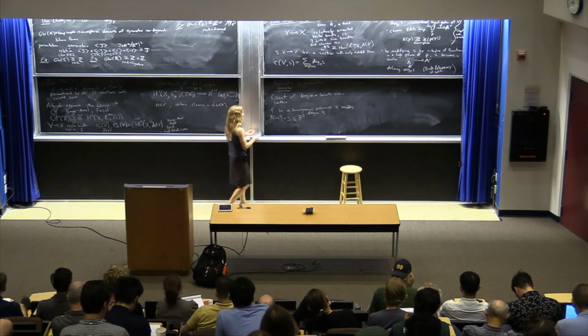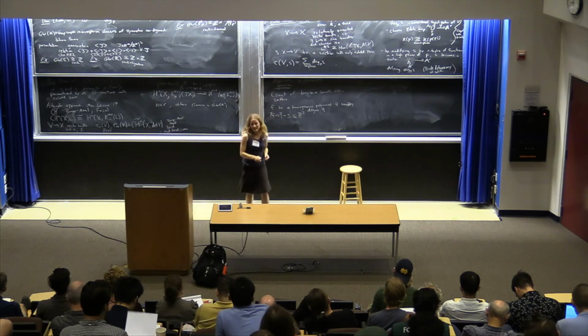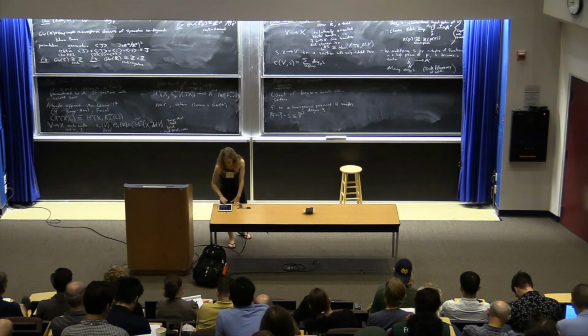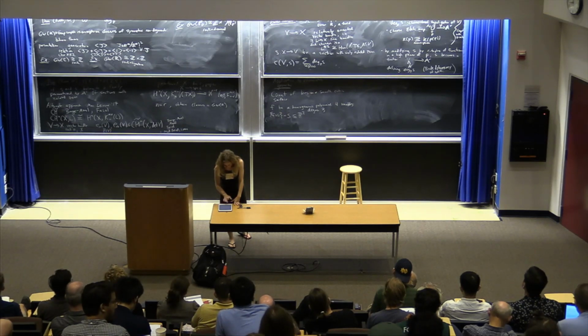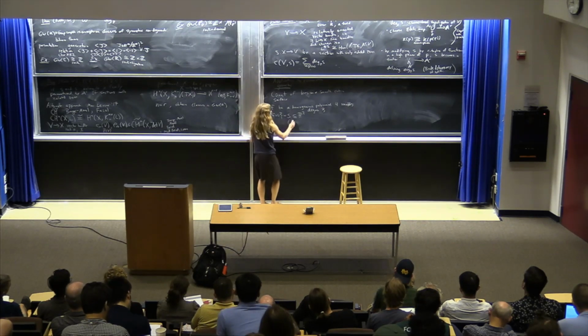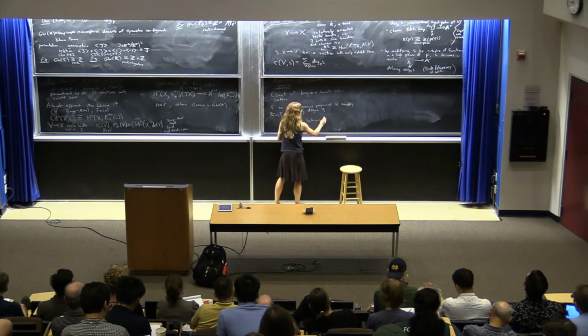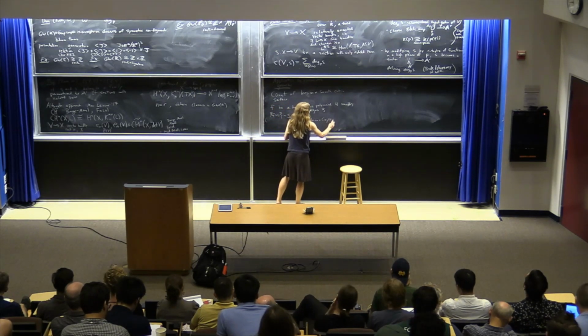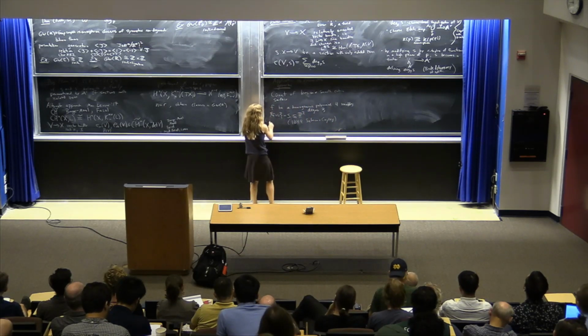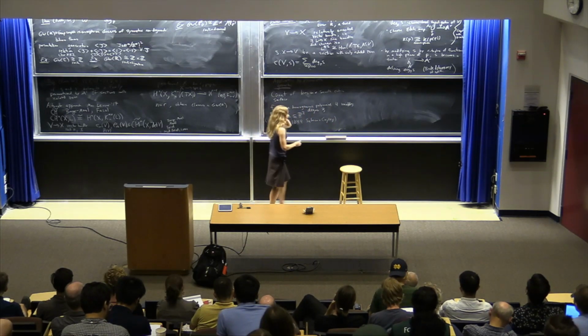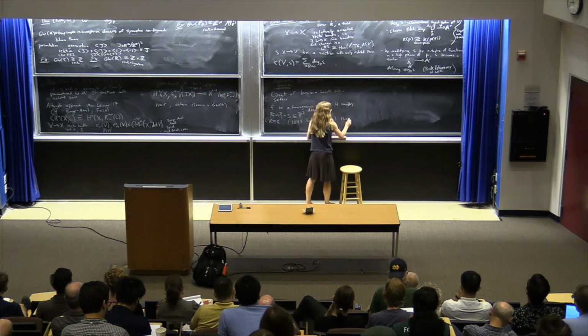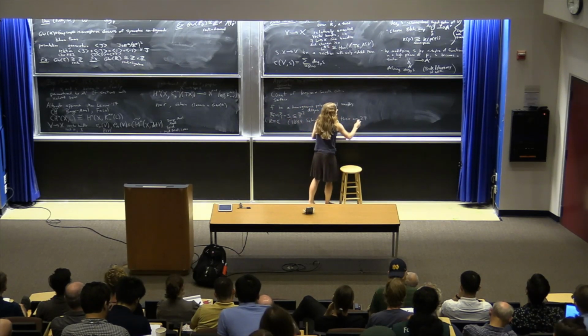It's a 19th century result of Salmon and Cayley. So in 1849, Salmon wrote an article where he gives a lot of credit to Cayley for the case that if your ground field is C, the complex numbers, there are always 27 lines on S.